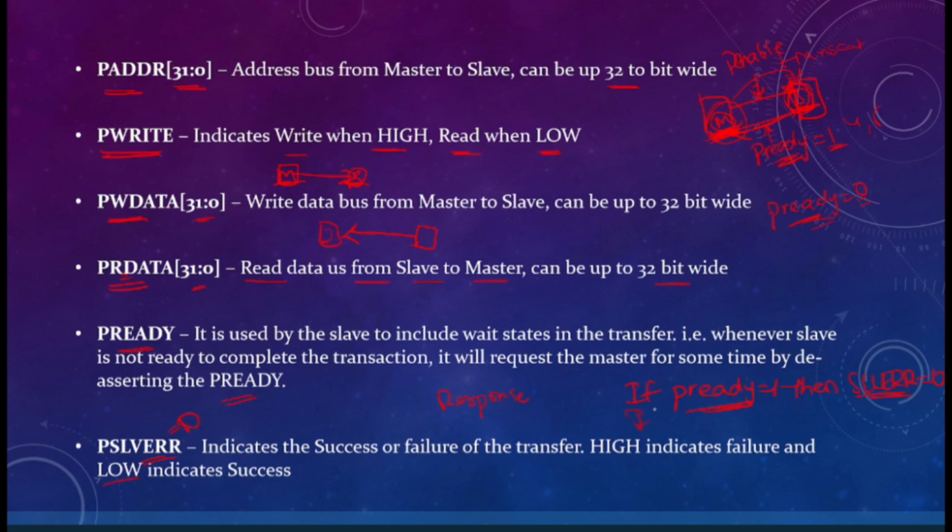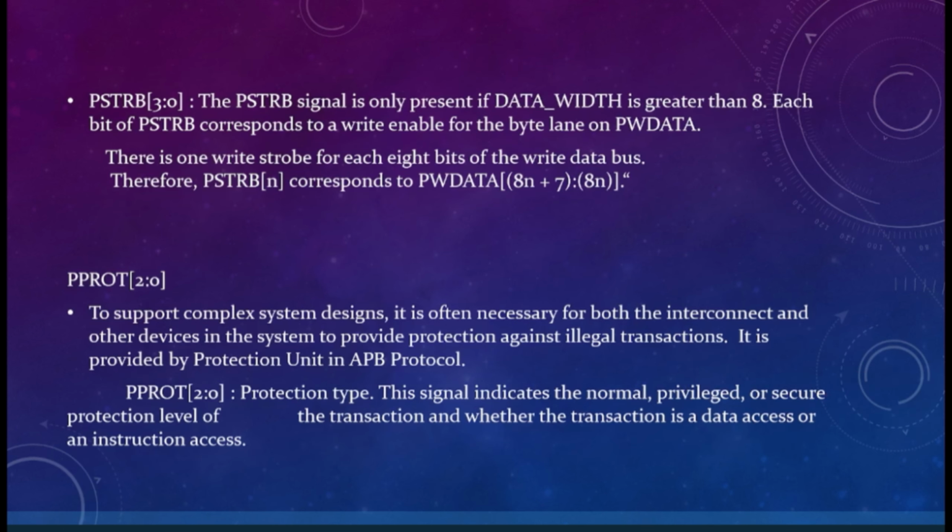If PREADY equals 0, that means the slave is not ready, and it is not certain that PSLVERR will be 0; there may be some error and PSLVERR can be 1. But this one is compulsory: if PREADY equals 1, then PSLVERR at that point should be 0 itself. You should remember this.